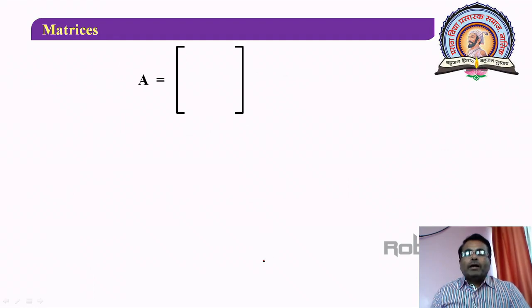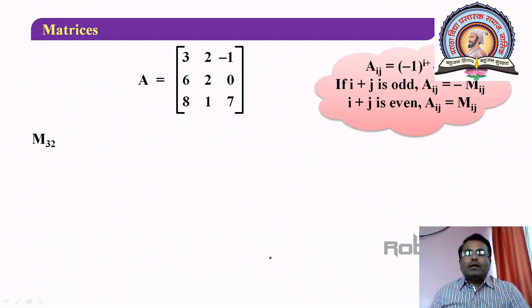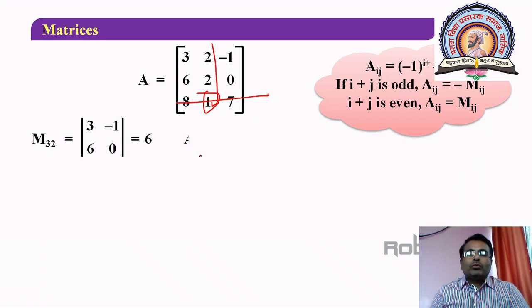Similarly, the remaining two elements. M32 now: if you want to obtain it, delete this row and this column. So 3 minus 1, 6, 0, and therefore you will get 6. As 3 plus 2 is odd, here you will get minus M32, and therefore it is minus 6.